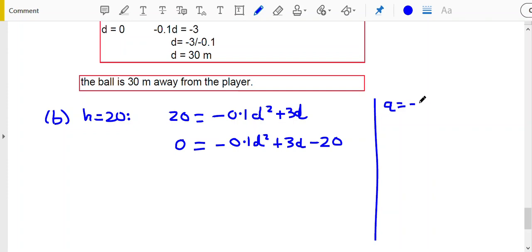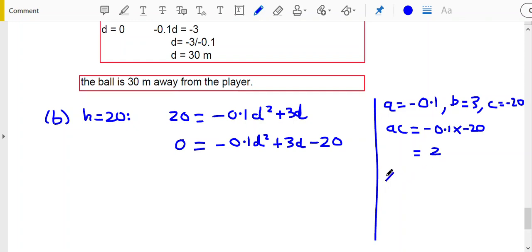So A is negative 0.1, B is 3, and the C is minus 20. And we need to figure out what AC is, which is negative 0.1 times negative 20, which is positive 2, if I was to do that multiplication. So I'm actually looking for two numbers that multiply to give 2.